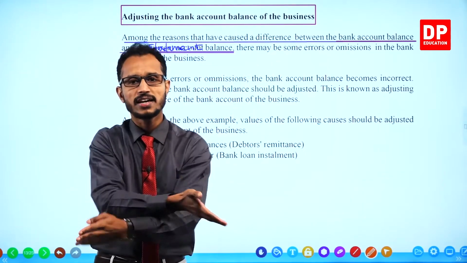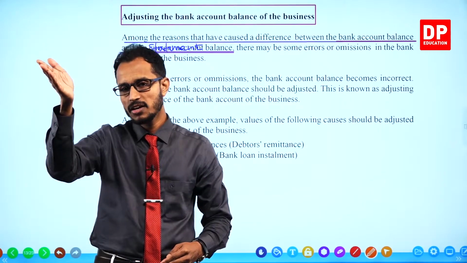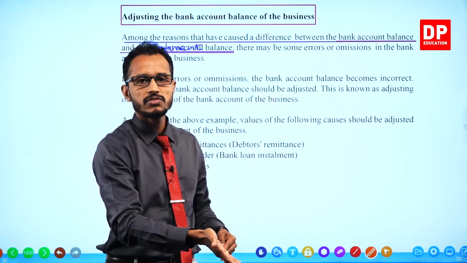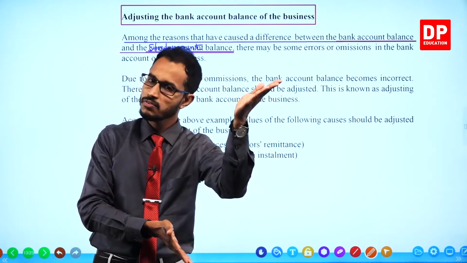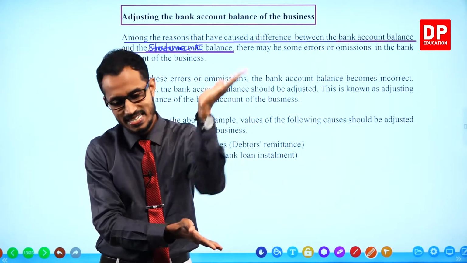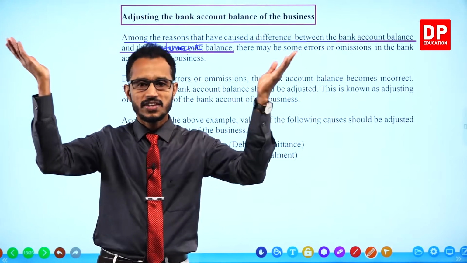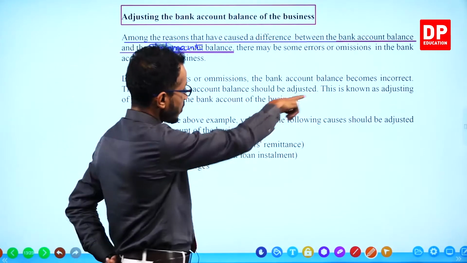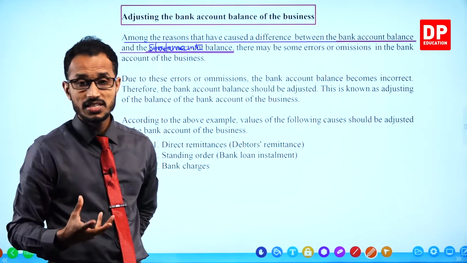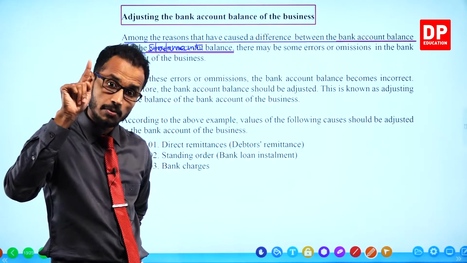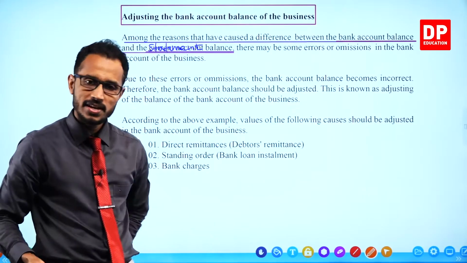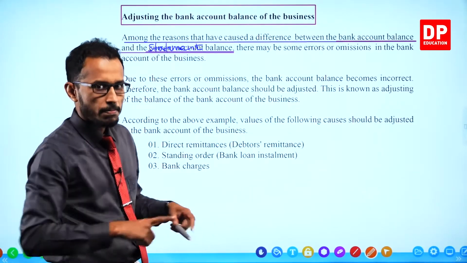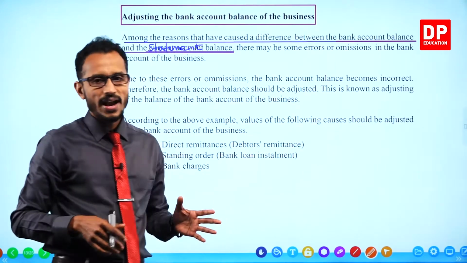A cross check. Debit side of the bank book compared with credit side of the statement. Credit side of the bank book compared with the debit side of the statement. We did a cross check. Refer to the previous video. And we found out there are some missing items in our bank book. Now we are going to enter them into the bank book. That is the first step, preparing the adjusted bank book.